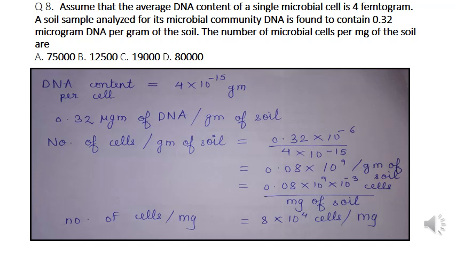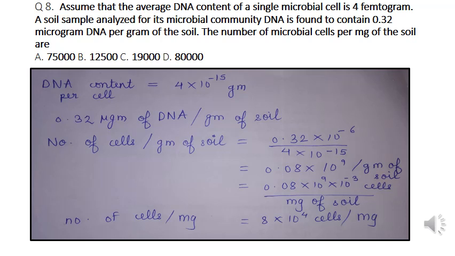And you have per gram of the soil DNA content, that is, there is 0.32 micrograms of DNA content per gram of the soil. So it is straightforward that number of cells per gram of the soil will be the total gram of the DNA divided by DNA content in one single cell.